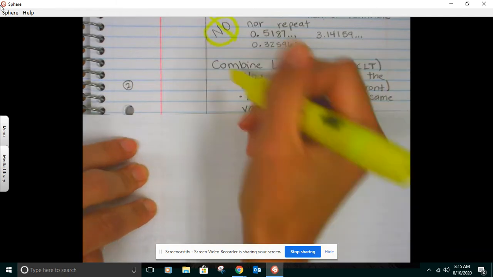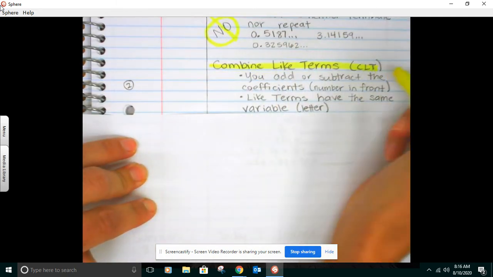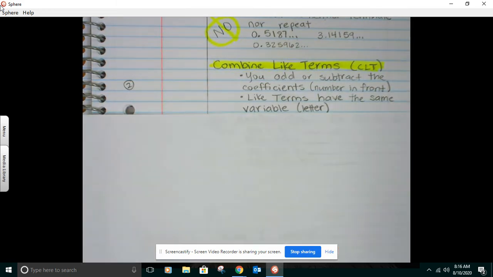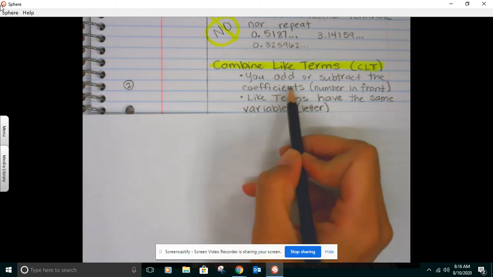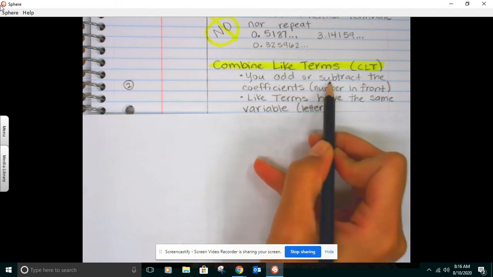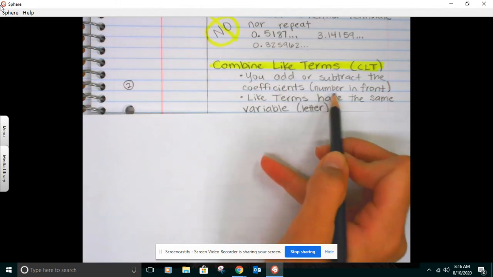So combine like terms, CLT. I like to take a shortcut if I can and use abbreviations, so get used to CLT, combine like terms. So when you combine like terms, and again, pause whenever you need to and just write this down and then listen to the explanation. You add or subtract the coefficients, which are the numbers in front.